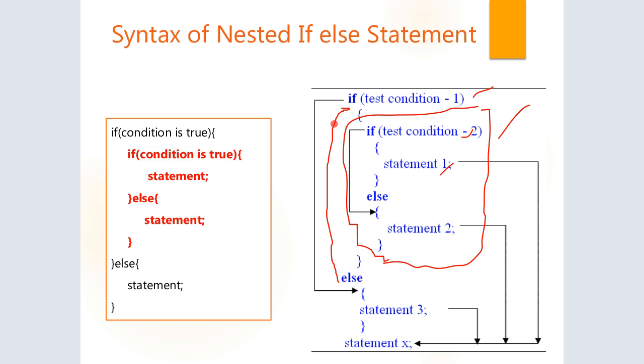So meaning if condition 1 is false, we execute statement 3. Okay. So that's what is expressed this way. Okay. Maybe let's look at an example if we'll be able to see one.